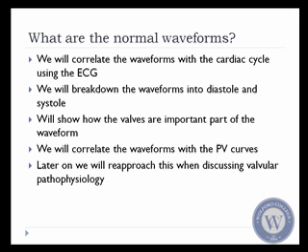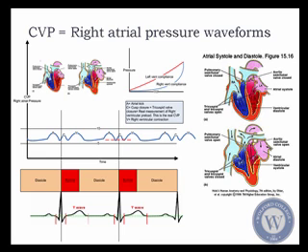That will be discussed in about 2 weeks when we talk about valvular abnormalities, and we'll revisit pressure volume waves at that point, as well as how it alters the PA waveforms during valvular abnormalities. So for today, we won't discuss that. We will correlate the waveforms with pressure volume curves. I think that's very important. And later on, we approach this again in valvular pathophysiology.